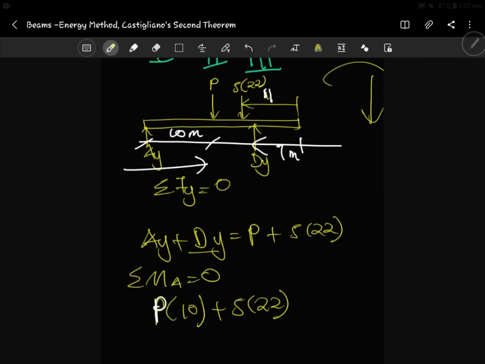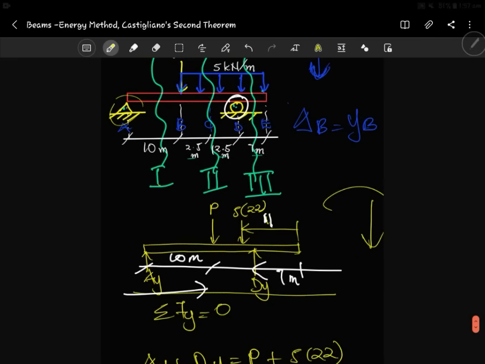What's the distance? The distance is this whole length here minus the 11, right? So the whole length is 10 plus 2.5, this and then this. So let's see. This 10. This is 14.25. This 10.